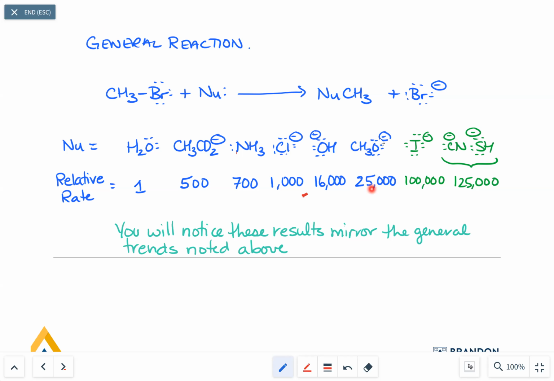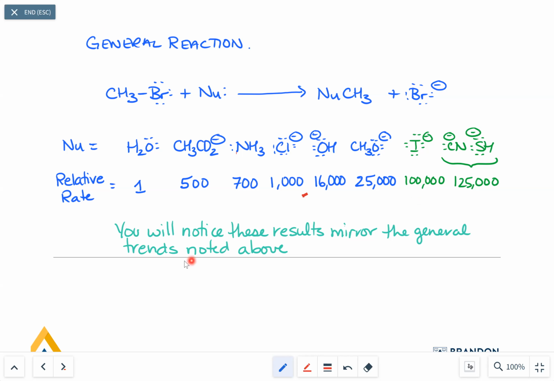And then here we've got our polarizable atoms, iodine, sulfur, super nucleophilic, carbon with a minus, cyanide, super nucleophilic. So this is just a little demonstration of how the nucleophilicity increases. If you're using something that's a strong nucleophile, it's going to increase the chances of an SN2 reaction.